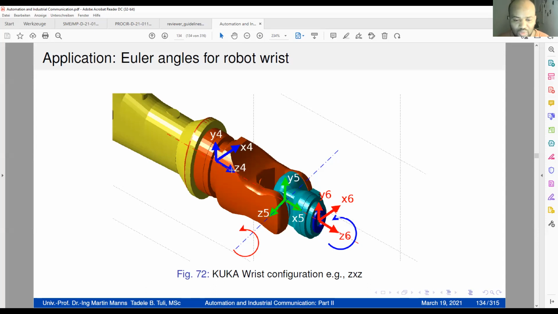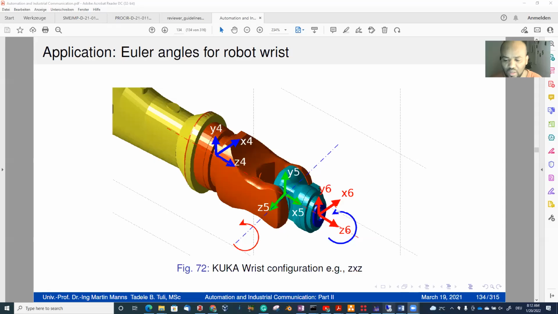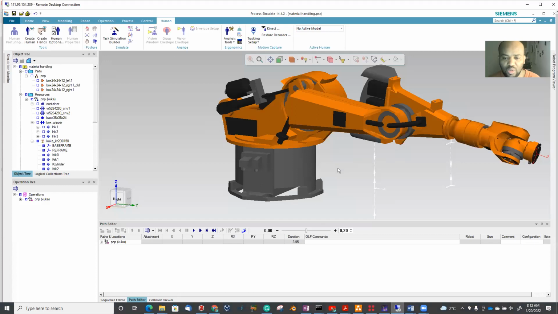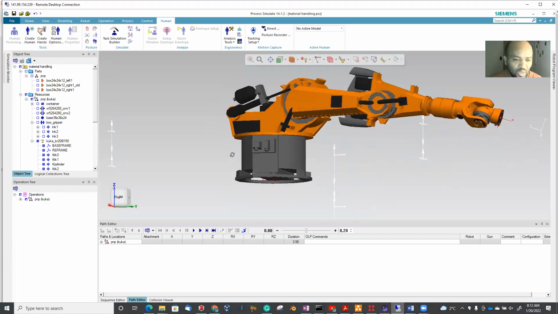The same is true for Z4. We are considering it only along the axis of rotation. So always we assign the Z-axis along the axis of rotation, and the X-axis along the link lengths. We have to be sure of this in order to avoid confusions.